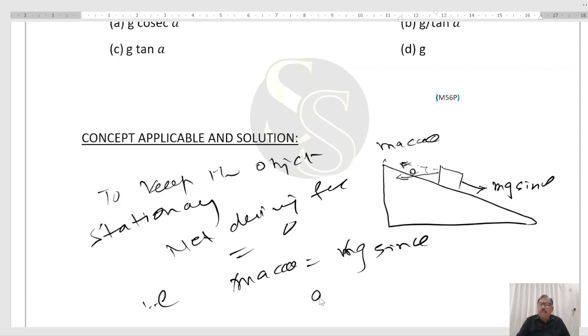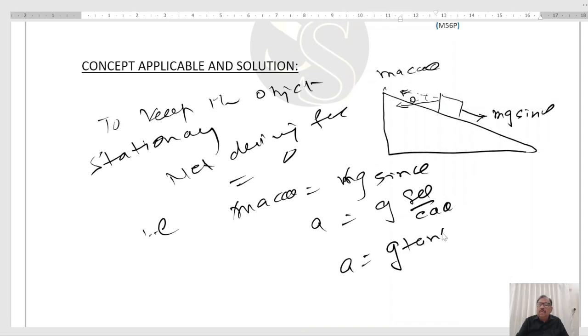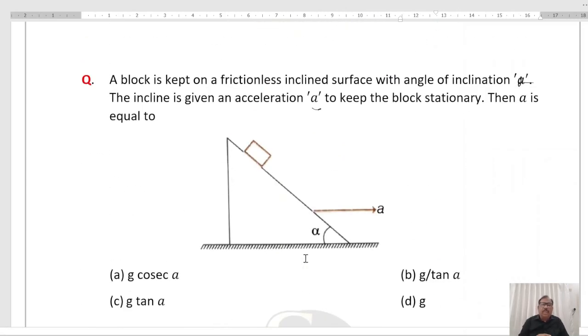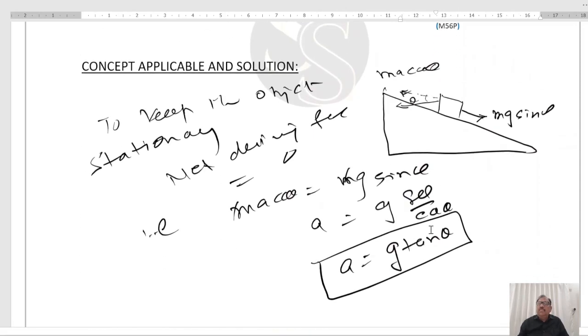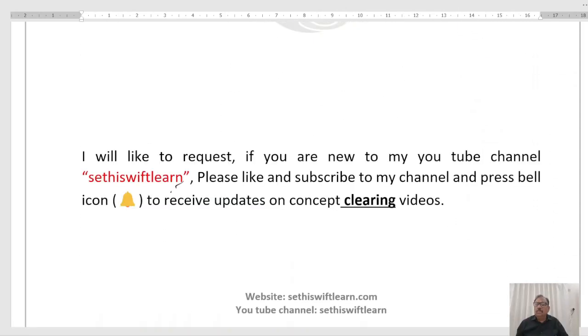So A comes out to be g sin theta upon cos theta. Right? Now, this comes out to be A equal to g tan theta. Take whatever alpha is for theta. Right? The correct answer is option C. I have taken theta in place of alpha, right?